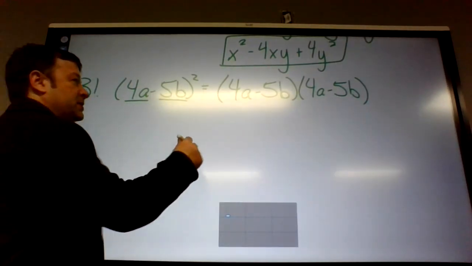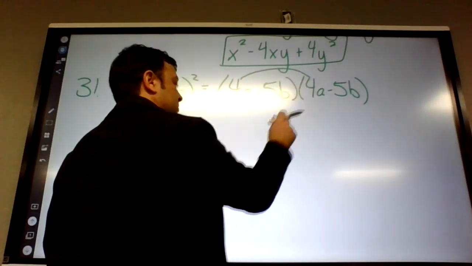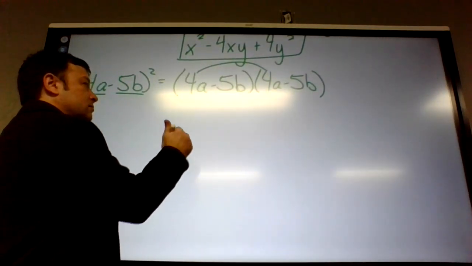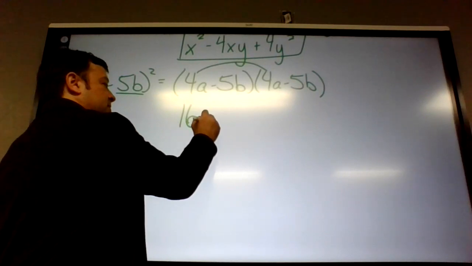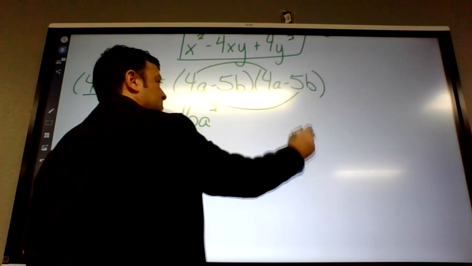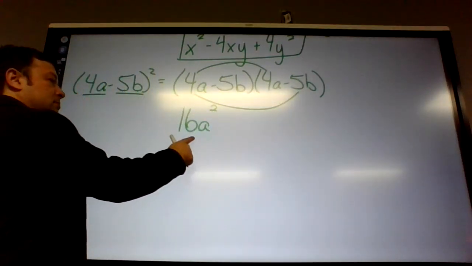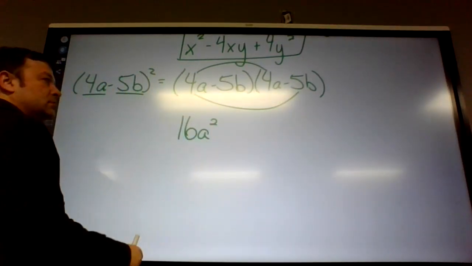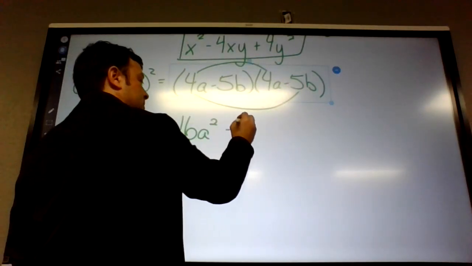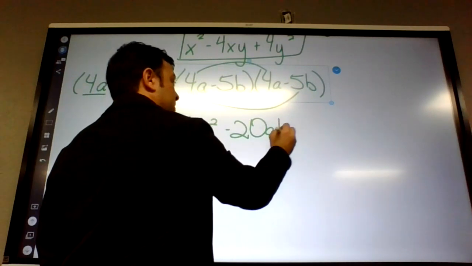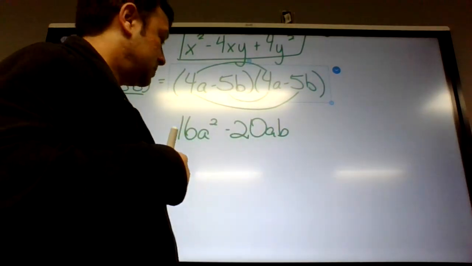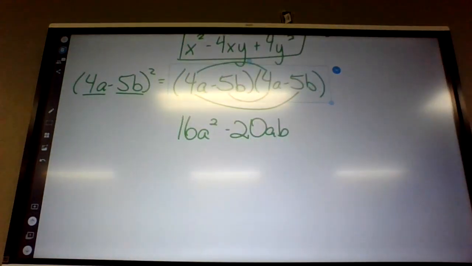All right, so AJ, what will the first be? 16. A times A is, okay, and then outside, 20ab. Right, but the 5 is a negative. So negative 20ab. Yeah. Inside, negative 20ab. Yep.